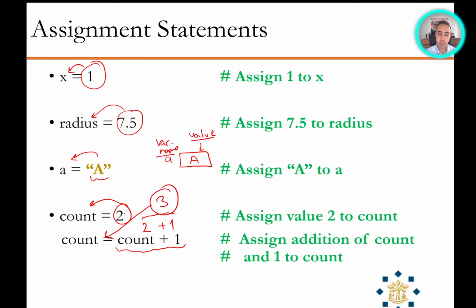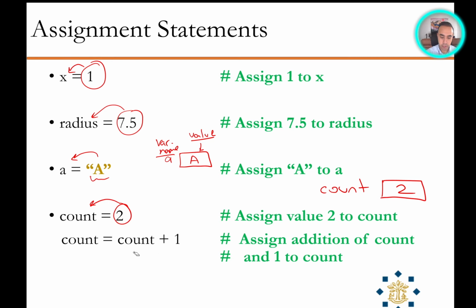So count used to be 2 after the first statement. So we have a count variable, inside the box the value says 2. And then after the second one, we have to do the calculation. So 2 plus 1, 3. Now we are rewriting, so we are changing the variable's value. It used to be 2, now it is 3. Okay. So you can do this.